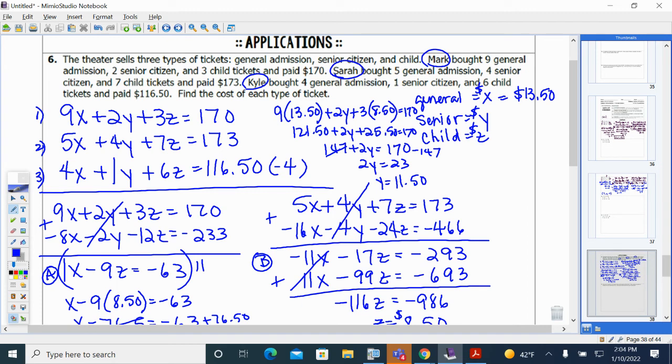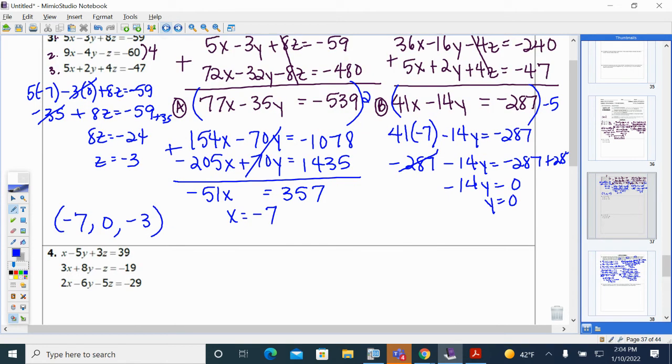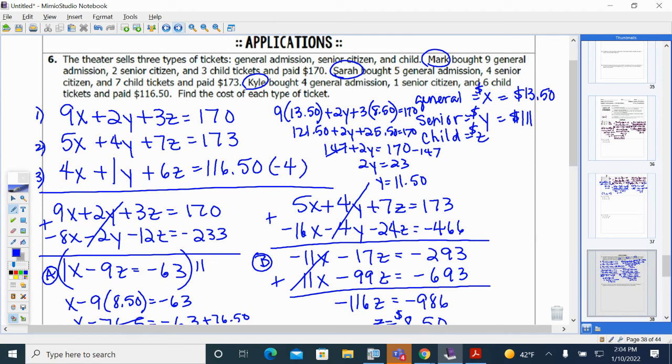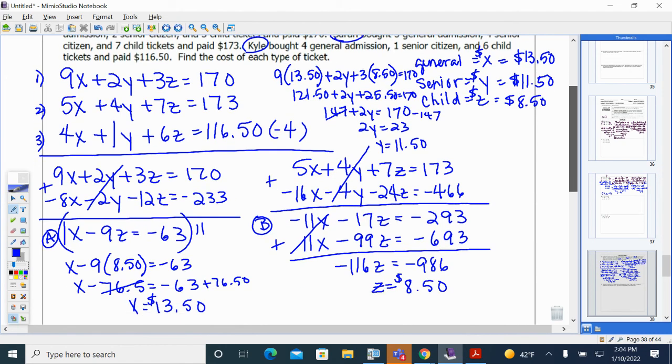Senior citizen tickets are 11.50. And your child ticket was $8.50. All right, so there's that problem.